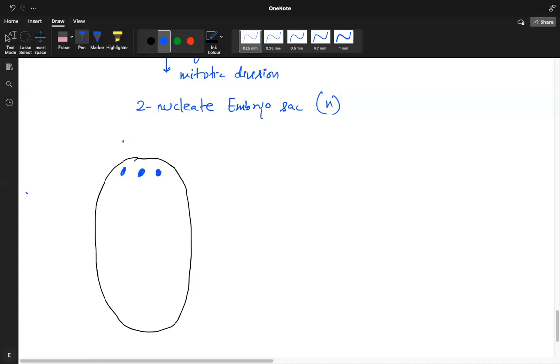Okay, so let's define first. This is the chalazal end, and this here is the micropylar end. So 3 nuclei go to the chalazal end, 2 stay in the center, and the other 3 go to the micropylar end.